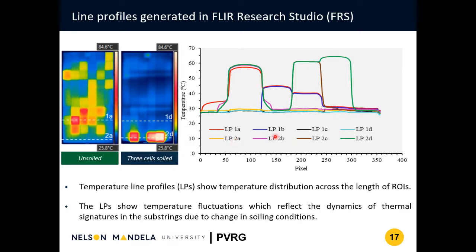So we can see that this yellow line representing the temperature of good cells in region 2 is now almost at the same temperature as the bad cells, which are now operating as good cells, showing their temperature on this line 1D.